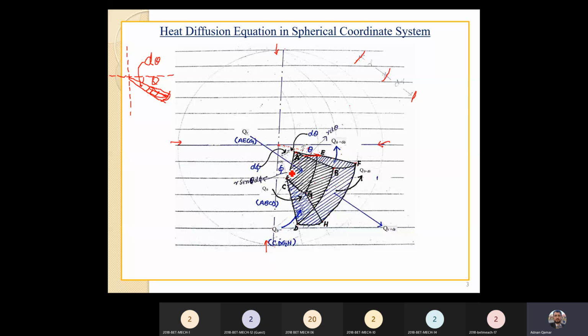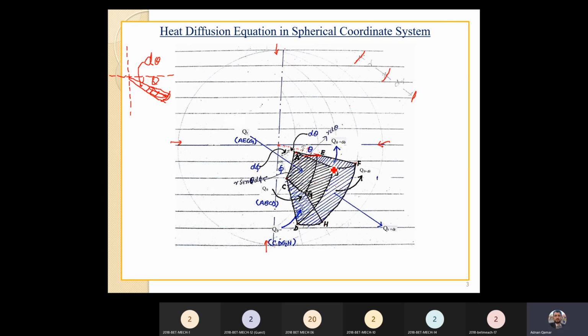So this complete surface would make an angle phi with that vertical plate, with that vertical line. So we have two major angles.